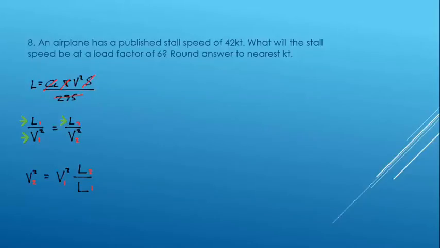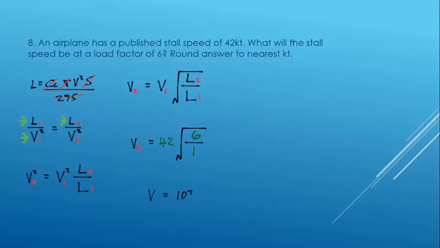Algebraically manipulate the formula to isolate velocity of condition 2. Clean up the formula by eliminating the squares, getting the square root of everything. Allows us to isolate the velocities. Plug in the values, and we see that a 42 knot stall speed, when we go from 1 G to 6 Gs, will give us a new stall speed of 103 knots.